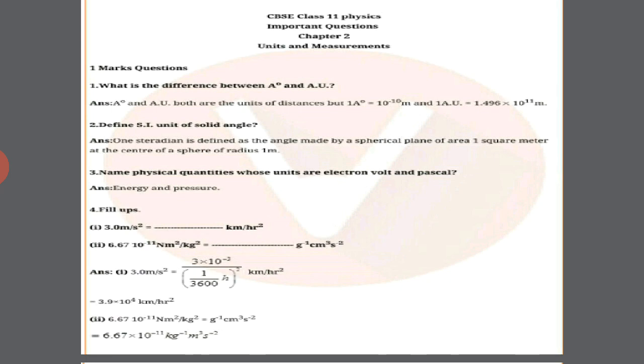After solving this it will become 3.9 into 10 to the power 4 kilometer per hour. The second part is 6.67 into 10 to the power minus 11 Newton meter square per kilogram square. Need to convert it into gram inverse centimeter cube second inverse minus 2. So convert it by putting the values.